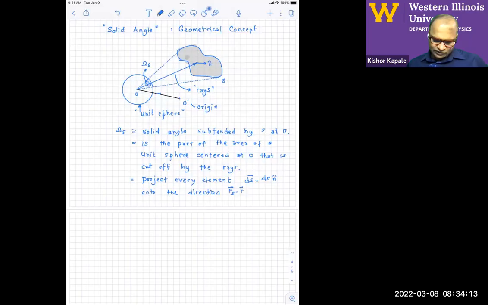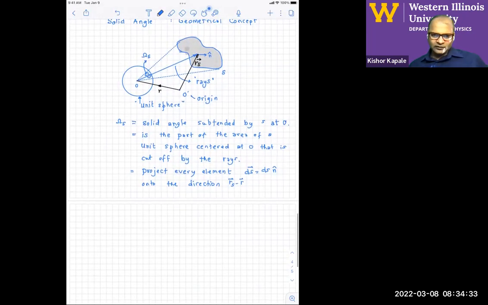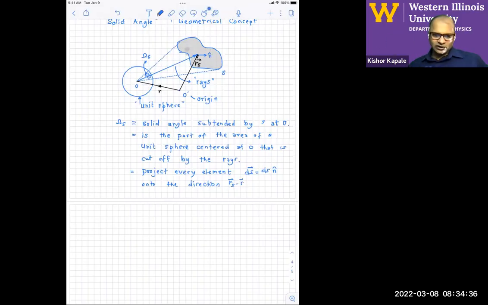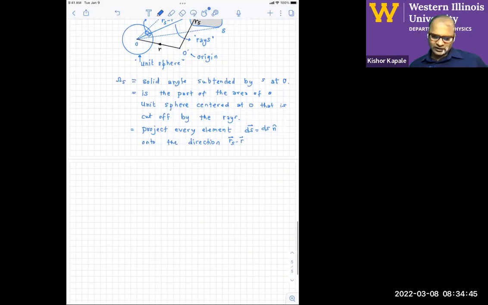And then that is the position vector r of the center of the unit sphere, and the position vector of a point on the surface is going to be rs. And so the vector that joins the two points, the origin and a point on the surface, is going to be rs minus r. Right, so everybody with me over there?